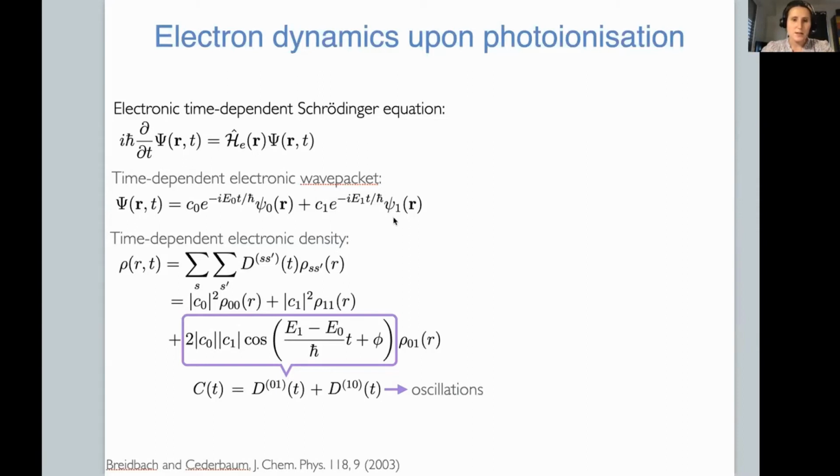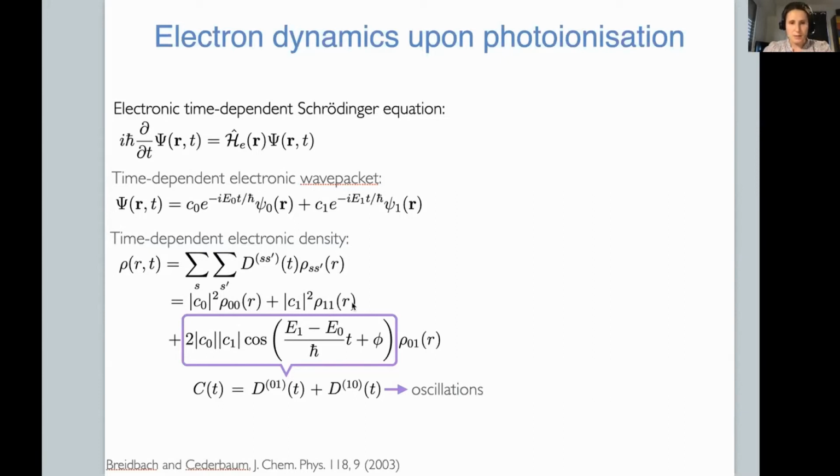And the quantity that may be more physically relevant is the time-dependent electronic density that you obtain by multiplying this by its complex conjugate and integrating over all but one electron coordinate. And this is the expression that you get, that you can express using these electronic density matrices, or more explicitly like this. Here on the first line, you have the state-specific electronic densities weighted by the population in the two corresponding electronic cationic states.